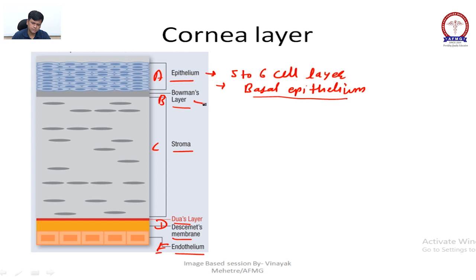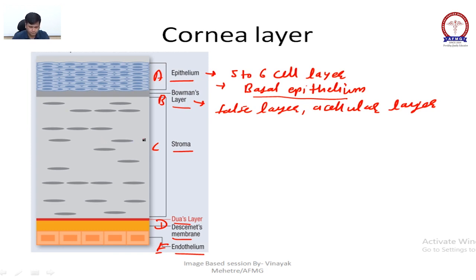Now, Bowman's layer, it is a false layer. False, so it will be an acellular layer. Why is it false? It is just a condensation of stroma, that's why it is called a false layer.